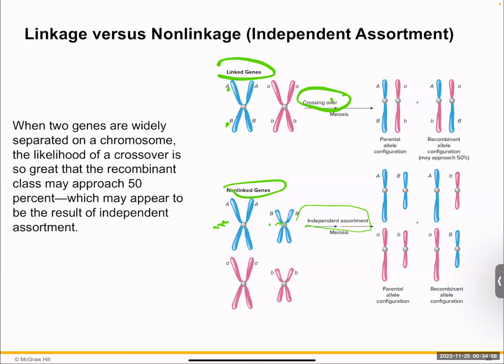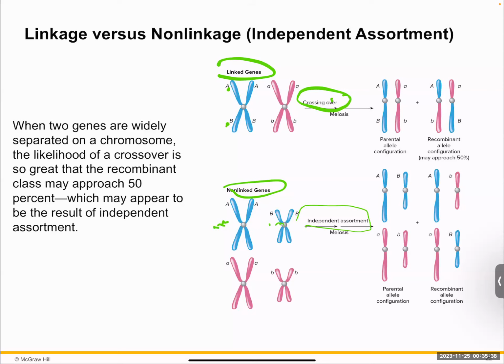The idea here is that in some cases it is hard to distinguish what is a crossing over example and what is an example of independent assortment, because at the end of the day, they both create similar results. So if you have two genes that are widely separated on a chromosome, the chances are that those two genes are undergoing some sort of crossing over, but they are on the same chromosome, right?